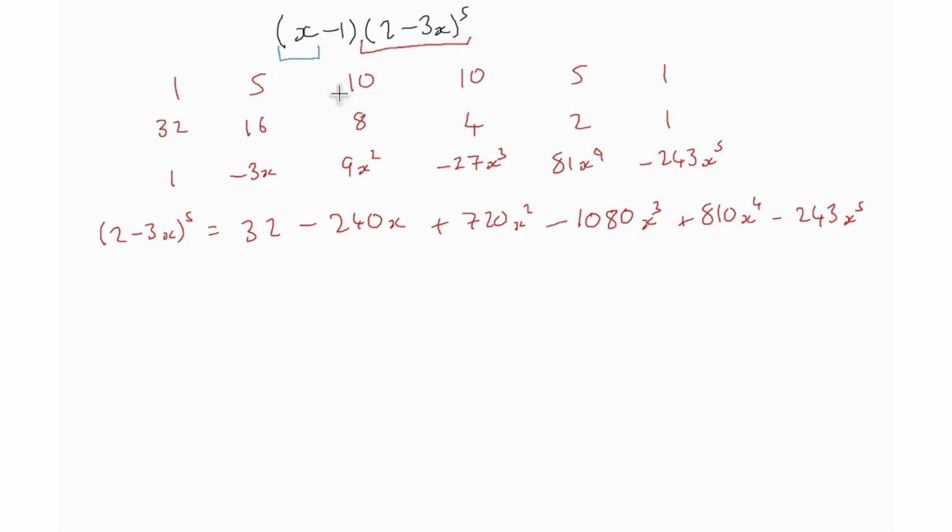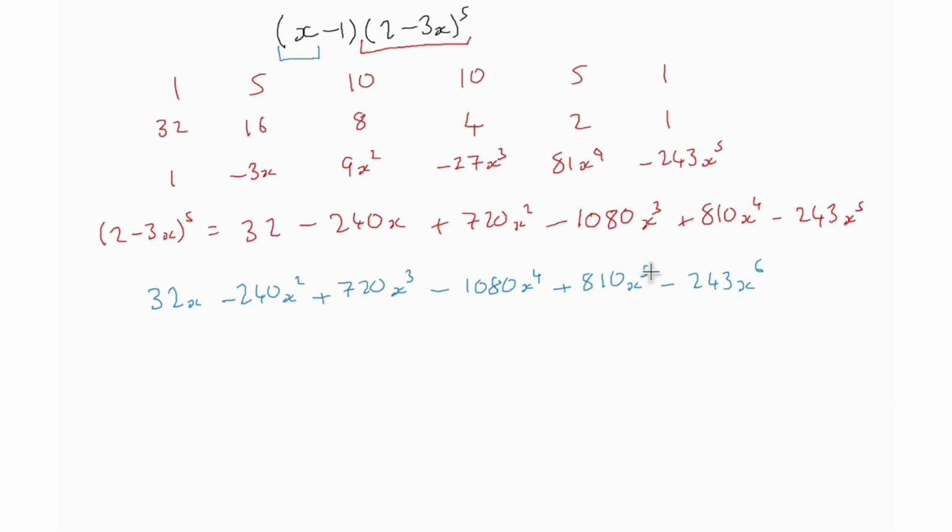Multiplying all of that by x would give us 32x minus 240x squared plus 720x cubed minus 1080x to the 4 plus 810x to the 5 minus 243x to the 6.